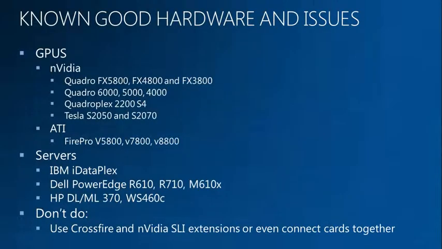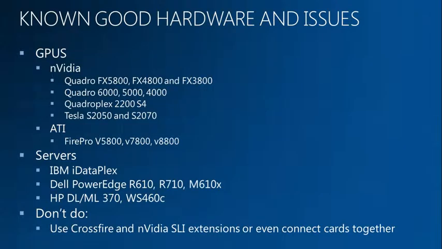So what's good hardware, what's not good hardware? From our good hardware that we know works, from NVIDIA, notice they've got a whole line of Quadroplex cards. They also have an ATI series. The servers that work well are from IBM, Dell, and HP.